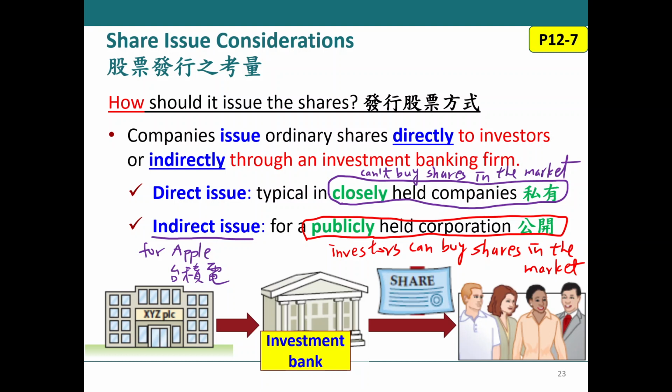The details, don't worry, when you take finance courses they will tell you the details. So this is the rough structure, the basic concept right here. Okay? Any questions?